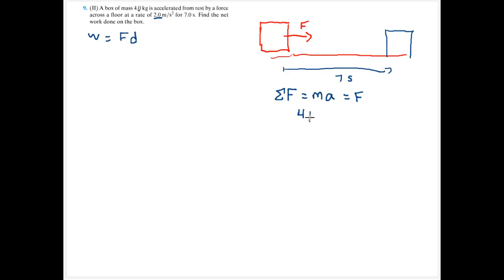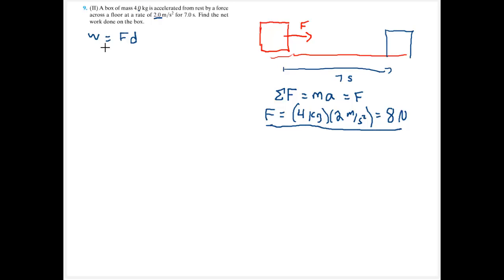I know that the mass was 4 kilograms. I know the acceleration was 2 meters per second squared. So I can calculate 8 newtons was equal to my force right there. That's how much force I applied to accelerate this box over those 7 seconds.